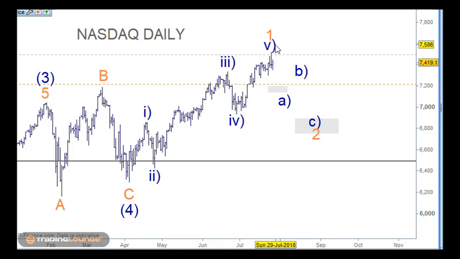And yes, it could push up higher through here, but it's quite close to being finished. And when it is finished, then we have to look for a correction. Now on the S&P 500, we're looking for a possible move down through here or to here. Whichever way it is, we just have to work the bearish count within all of this here.